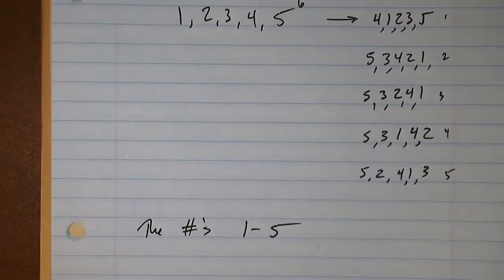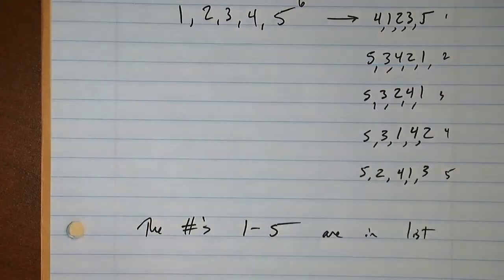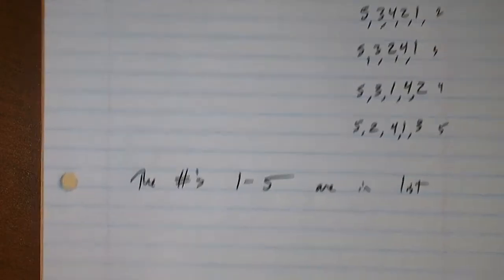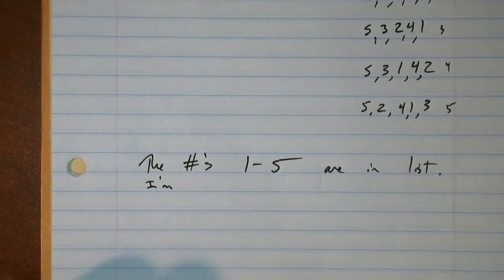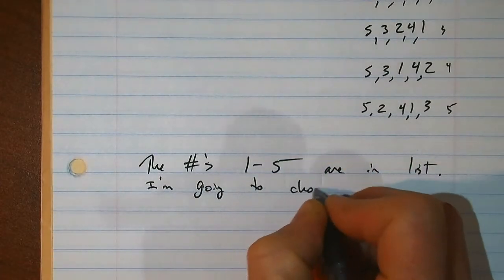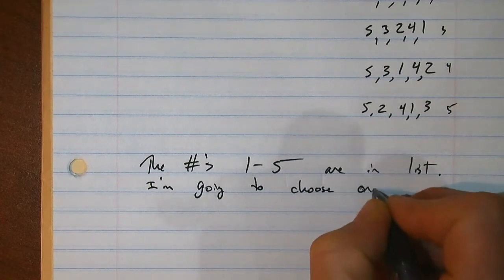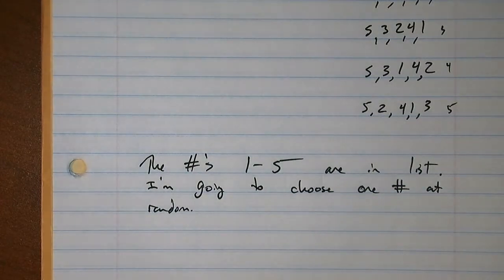They're in a list, okay? My calculator, I'm going to choose one of them at random.